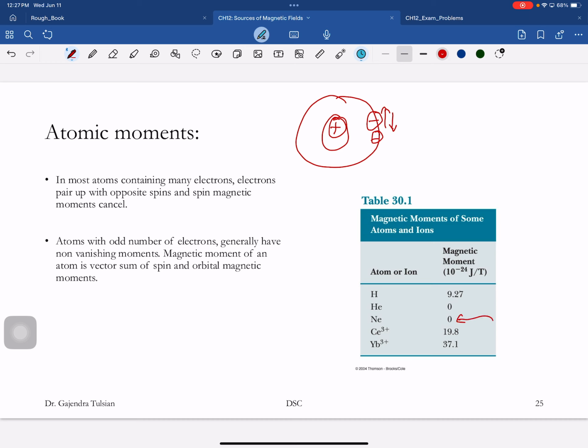For all the noble gases, they're not reactive and they're not magnetic. This thing is almost twice that. So it has 2 unpaired electrons with their spin pointing in the same direction. This probably includes orbital angular momentum.